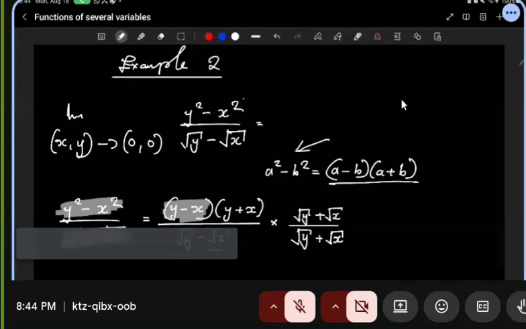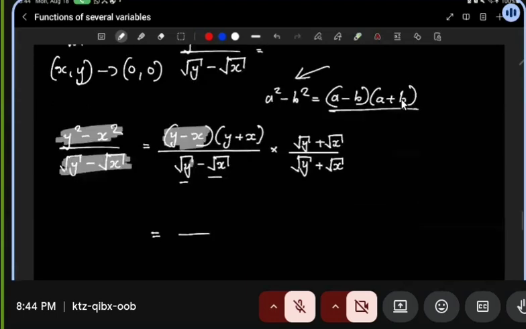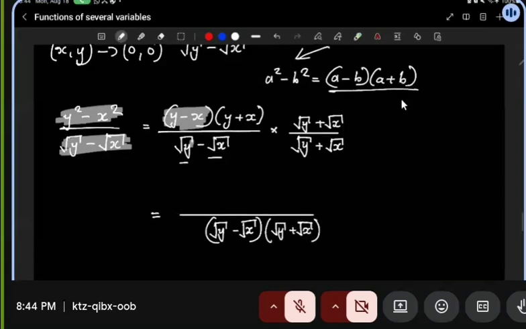The goal of doing this was so that in the denominator, we'll have that difference of two squares that will allow us to remove the square roots without really changing much. So observe that in the denominator, we now have a difference of two squares.